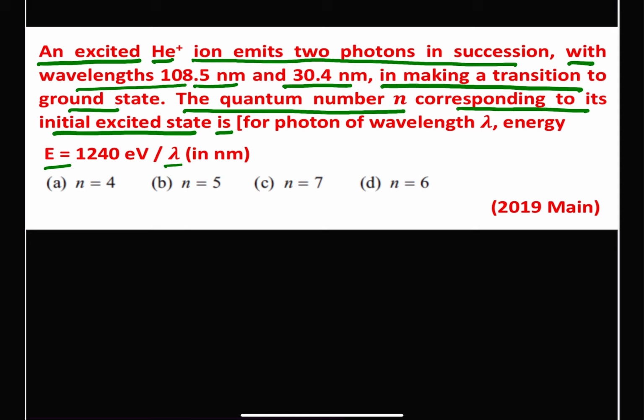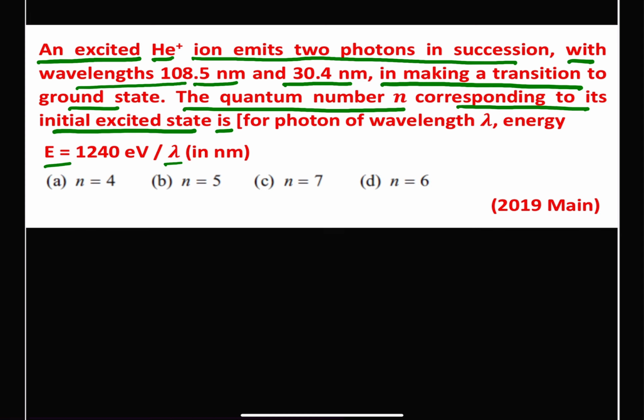So we have 2 wavelengths, and we have to remember that we are given a He positive ion, and this value of Z is equal to 2, and it says that transition is made to a ground state.